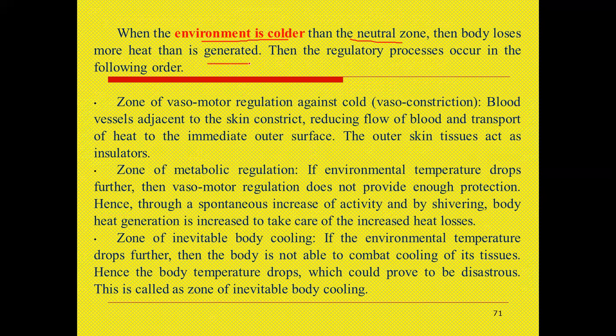First, the zone of vasomotor regulation against cold, vasoconstriction. Blood vessels adjacent to the skin constrict, reducing the flow of blood and the transport of heat to the immediate outside surface. The outer skin tissues act as insulators.